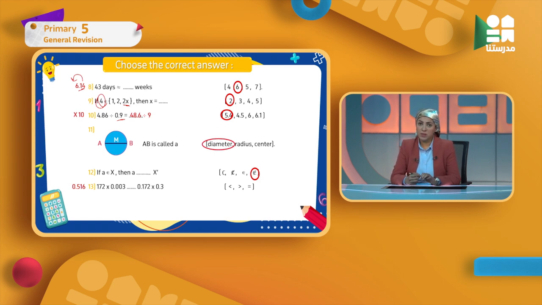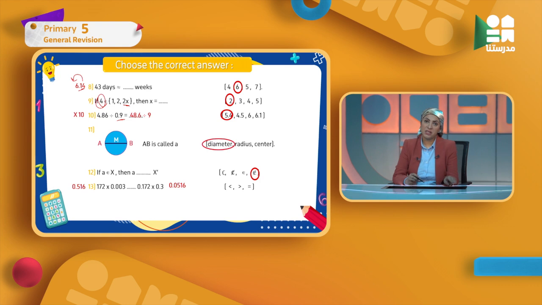Then I will count how many decimal places I have, which is here 4 decimal places. Then I have to count 4 places from my right hand side and then I put my decimal point. So here it's going to be 0.0516.